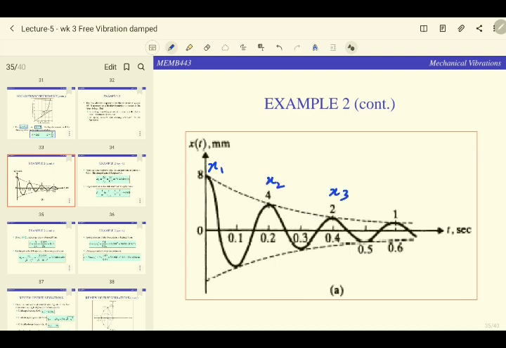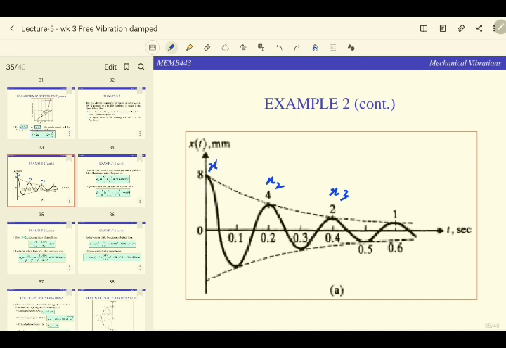You can also see the period, so you can take from this point to this point, which is basically the cycle. Sorry, let me just, if you take a look at the peak to peak.